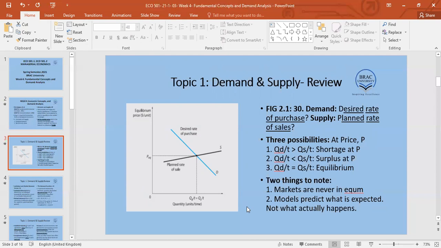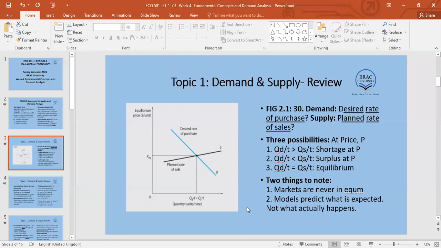The second possibility is this: supply is too much, demand is too low at a particular price. That means the quantity demanded is less than the quantity supplied, and we have a surplus in the market. The last possible case is when the two balance with each other.